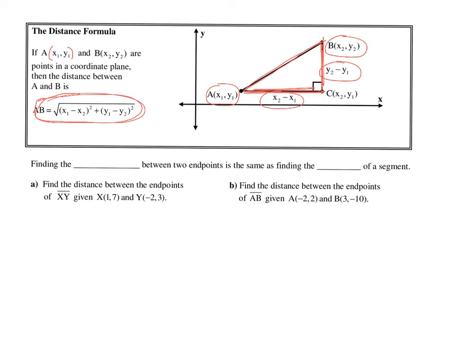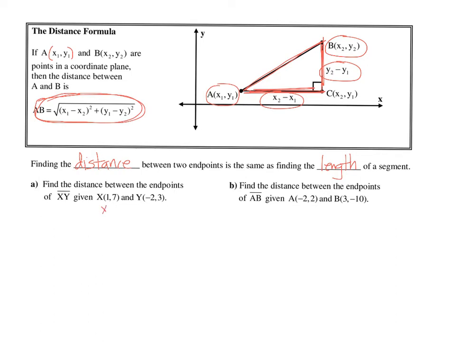So finding the distance between 2 endpoints is the same as finding the length of a segment. All right, so for part A, find the distance between the endpoints, x, y.